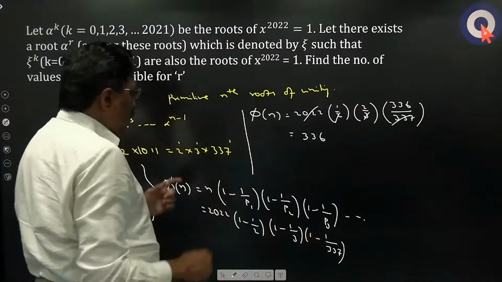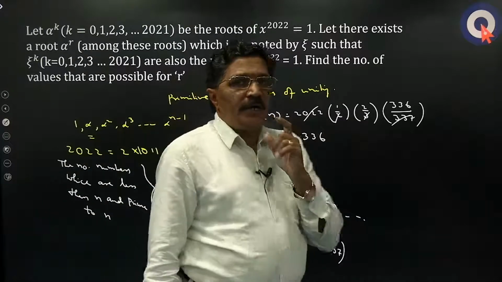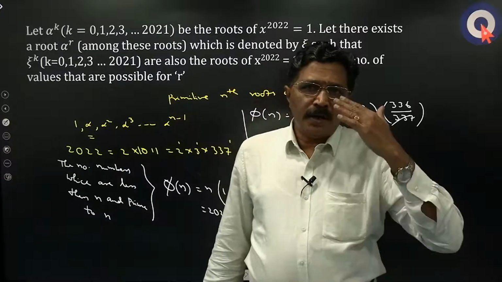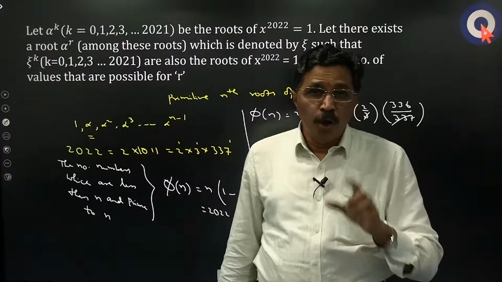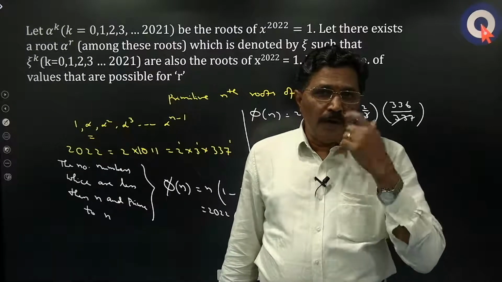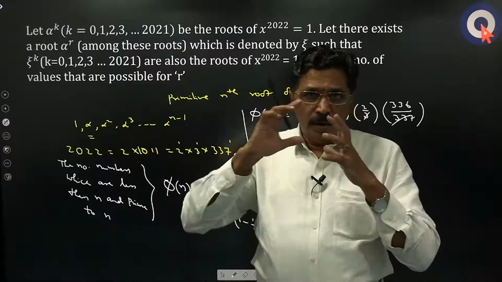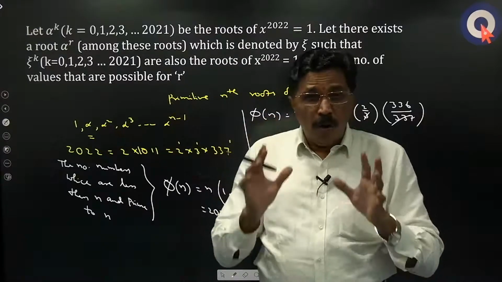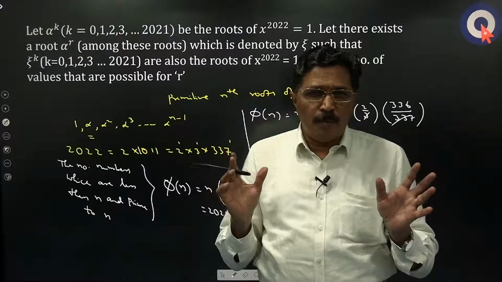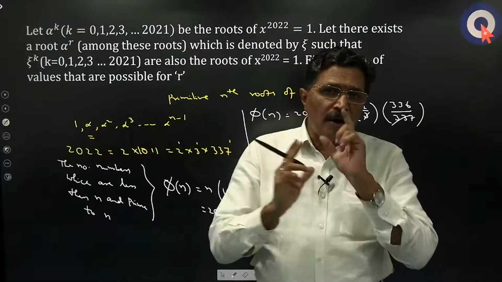So there are 336 numbers which are less than 2022 and are also prime to 2022. So alpha power k, where k is equal to those values, are all primitive nth roots of unity, meaning they all behave like alpha itself.